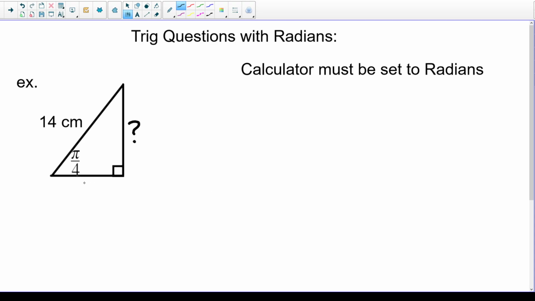In other words, why do I not need you to find that side length in this case and still be able to solve the triangle? Anybody chat? What angle is pi over 4?